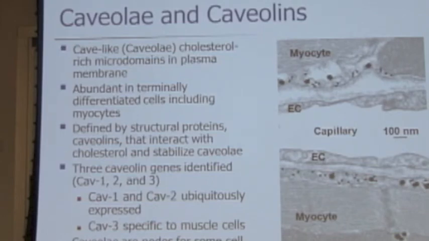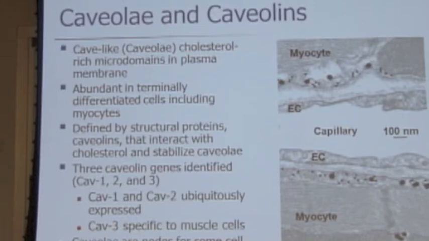Best known are the caveolins. There are 3 different genes encoding caveolins, 1, 2, and 3, and Cav1 and Cav2 are expressed fairly ubiquitously, but Cav3 seems to be largely specific to muscle cells, although it's expressed, we now know, in some neuronal tissues.